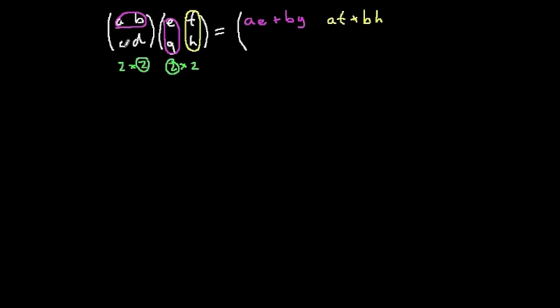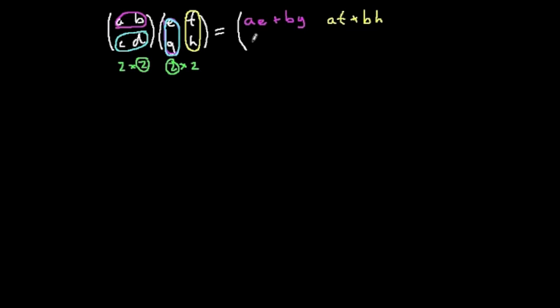So now I'm going to move on to the second row on the left matrix. So I'll go to C and D, and now I'm back to E and G again, the first column. So second row, first column.